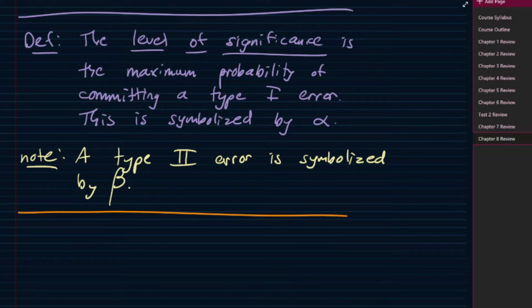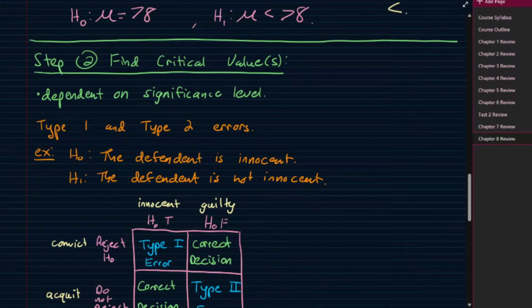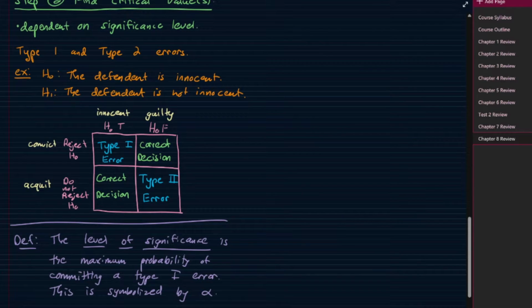So still talking about step 2 here, finding the critical values. And I just wanted to do a little spiel about type 1 and type 2 errors. I did put a couple questions in there about those. And this is a really good way to think about it, this specific example, I think.